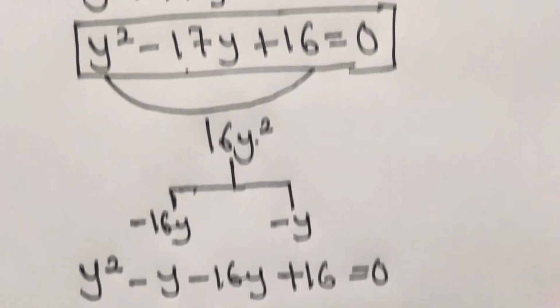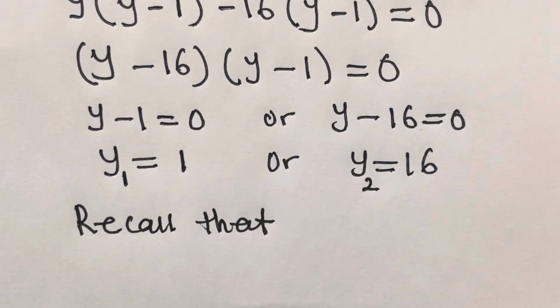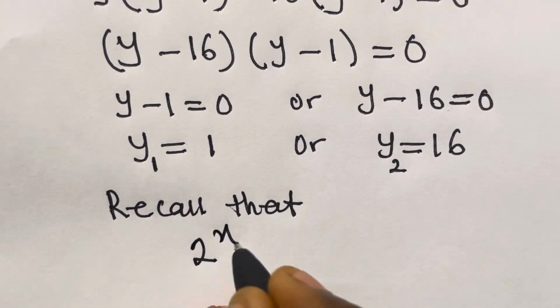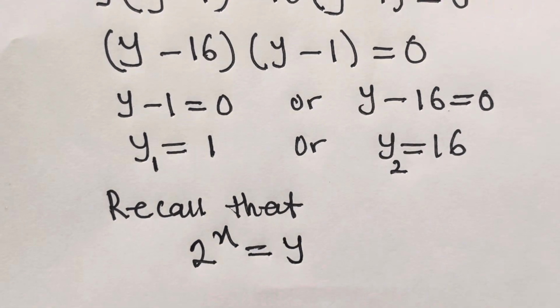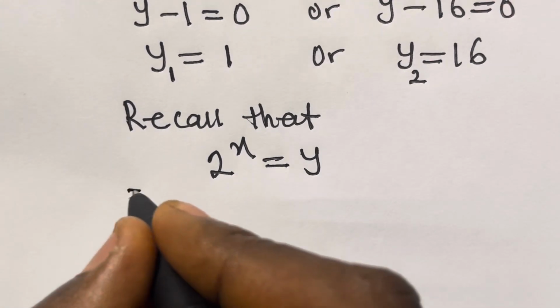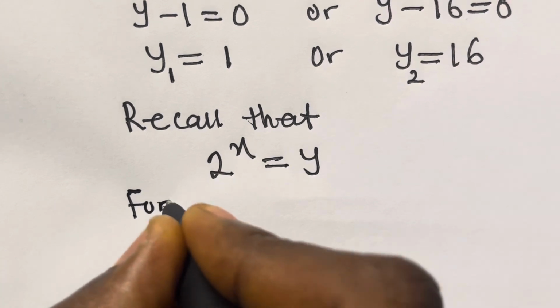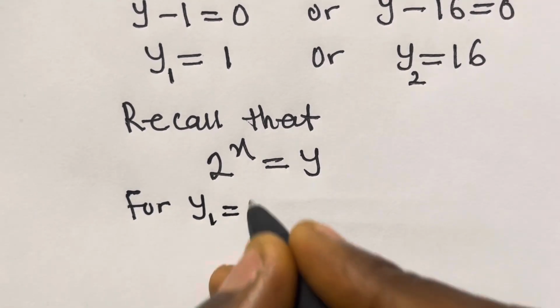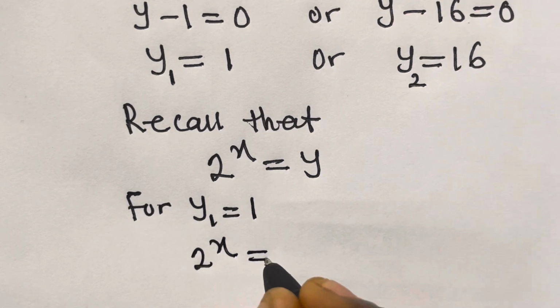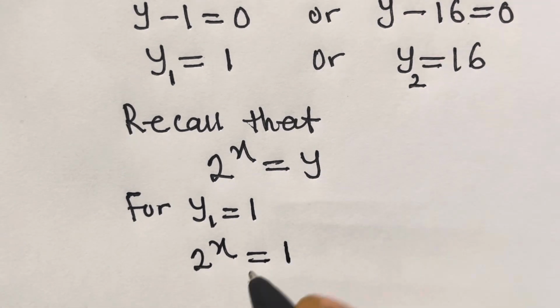So now we call that 2 raised to the power x equals y. So now for the first case, for y1, which is equal to 1, we have 2 raised to the power x equals 1.